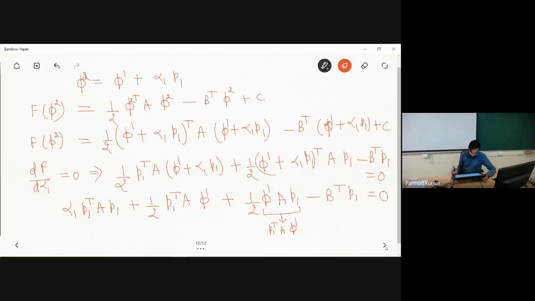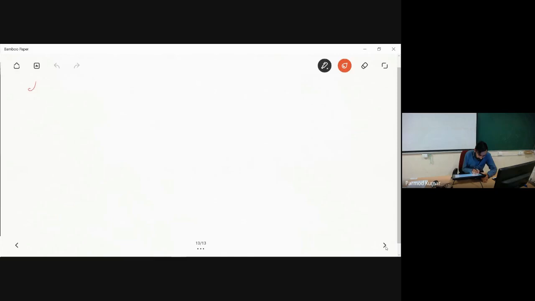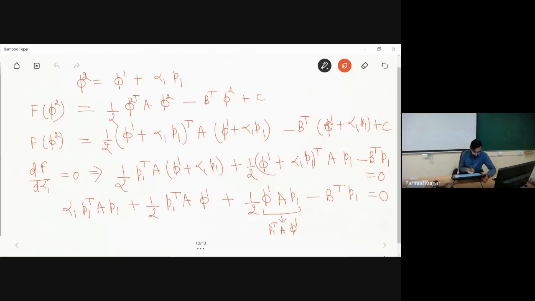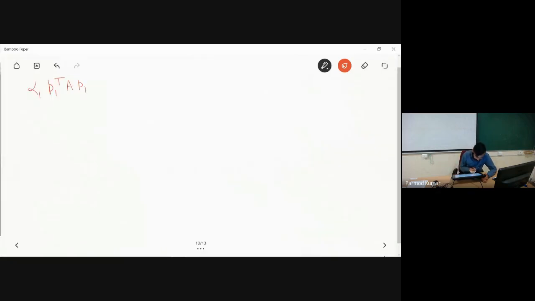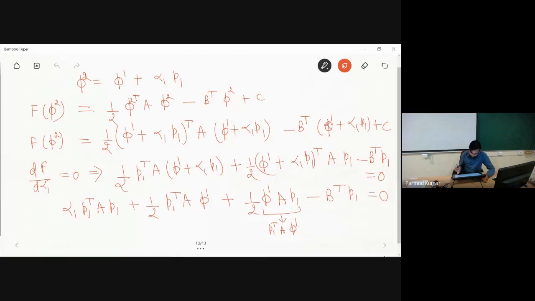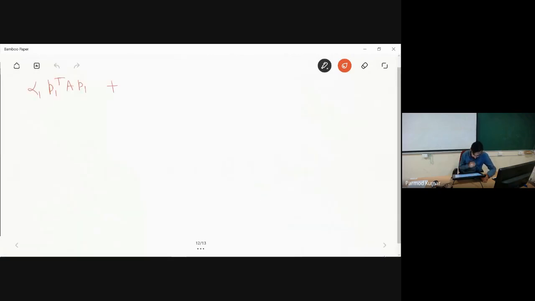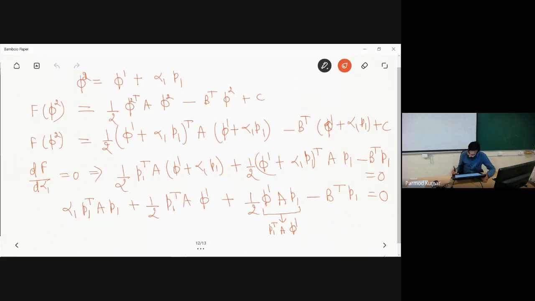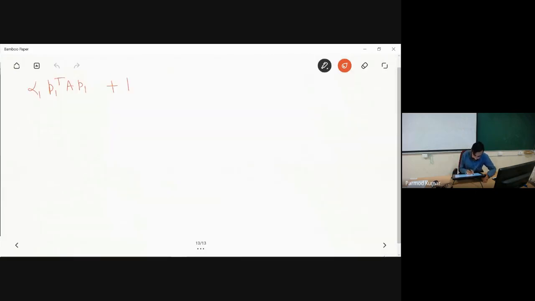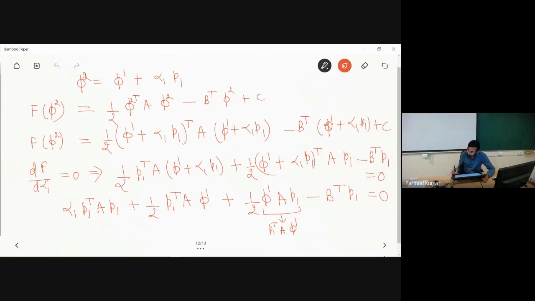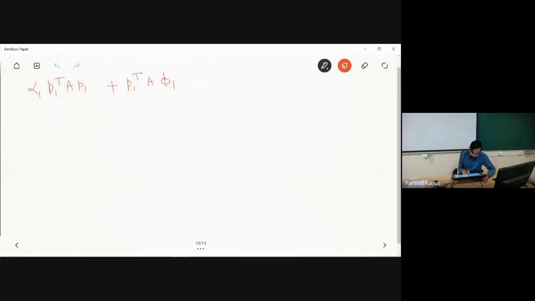So I will be getting from here alpha 1 times P1 transpose A P1 plus P1 T A phi 1, minus P1 T into B equal to 0.